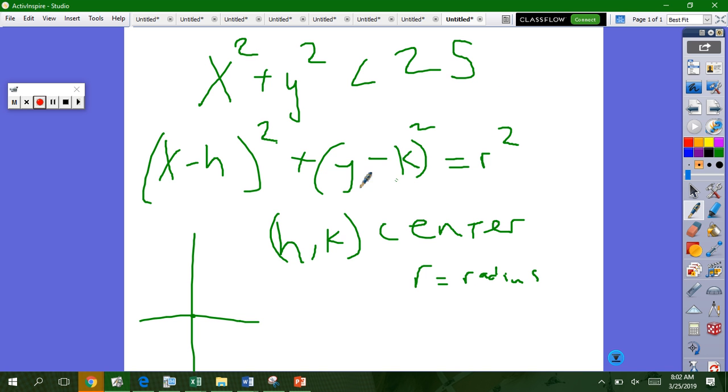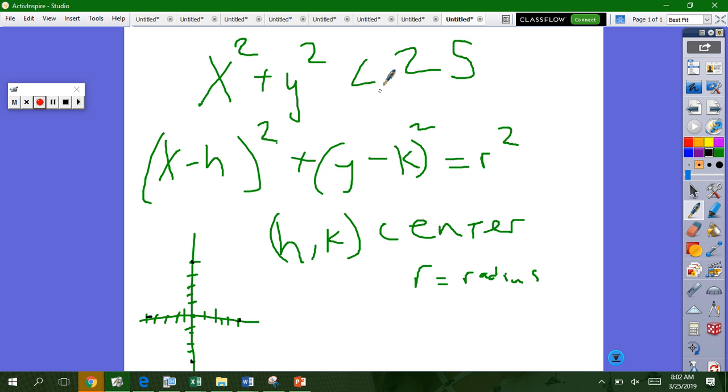Because r squared is 25, r is what? 5. Okay, I'm going to grab another color here. So we know it touches all of these points.